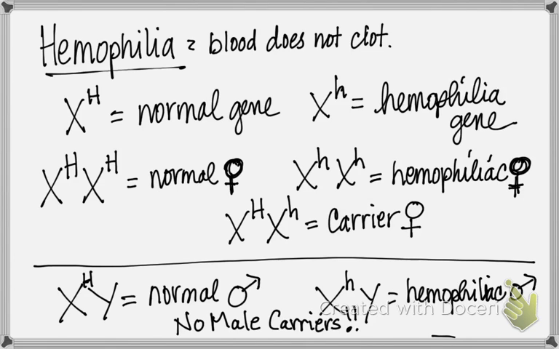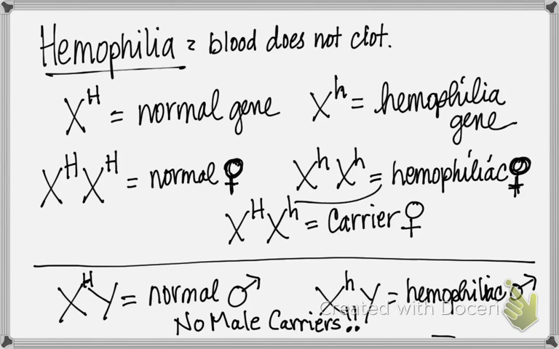Is it easier for a man or a woman to be a hemophiliac? A male, because you have a 50% chance of getting it. Well, it depends on whether your parents have it. How many recessive traits do you have to have to be a woman with hemophilia?